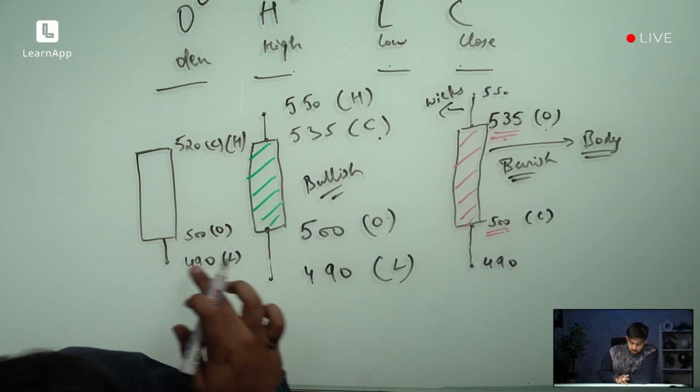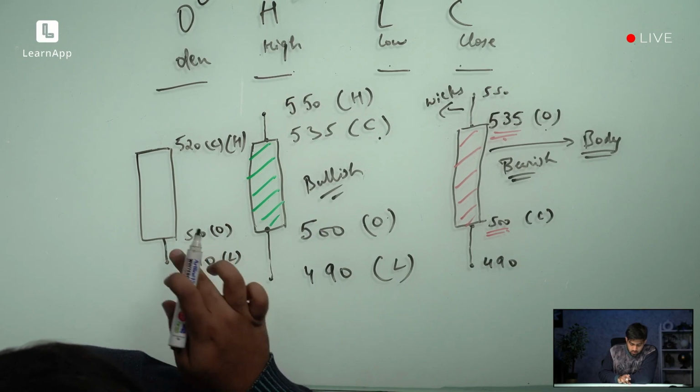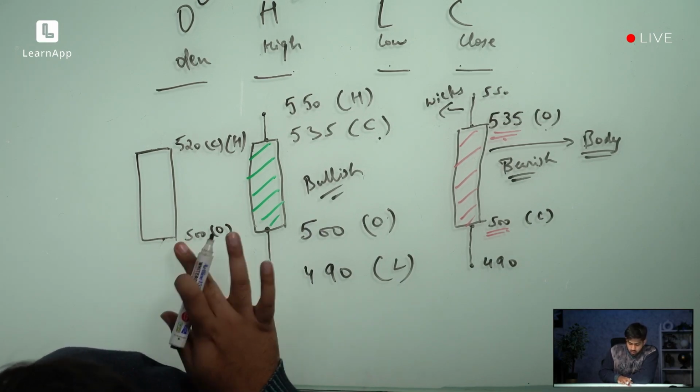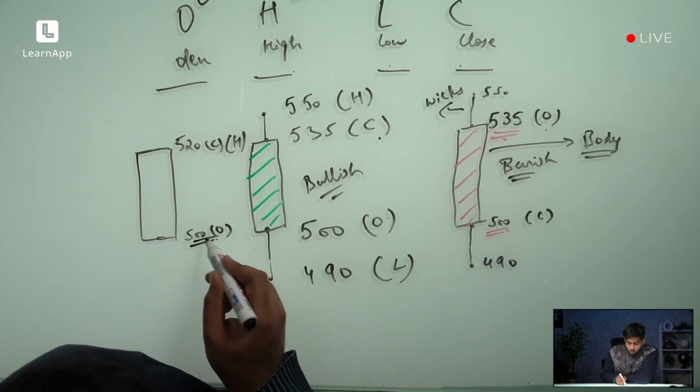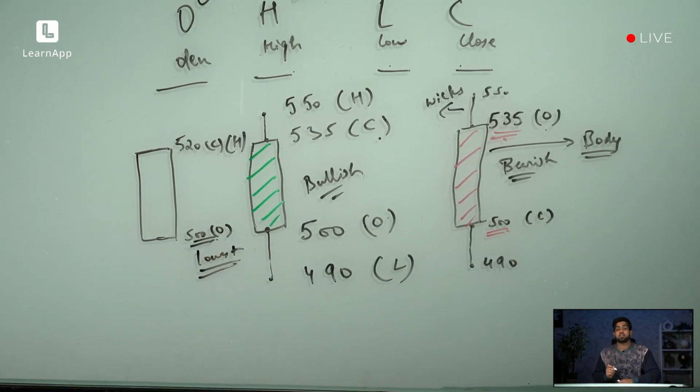Now tell me, in which case will there be no lower wick? In case of a green candle, suppose in this there is no lowest price. So the 500 is the opening price as well as the lowest price. Okay.